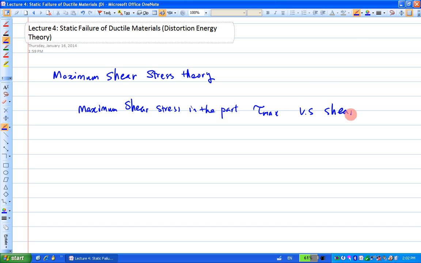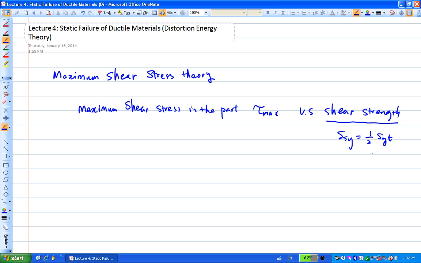The shear strength in this theory is based on the yielding point for parts subject to a tensile test. Under that condition, SSY, the shear strength, is 1/2 SYT. So essentially, you compare this with that to see if you're safe or not.